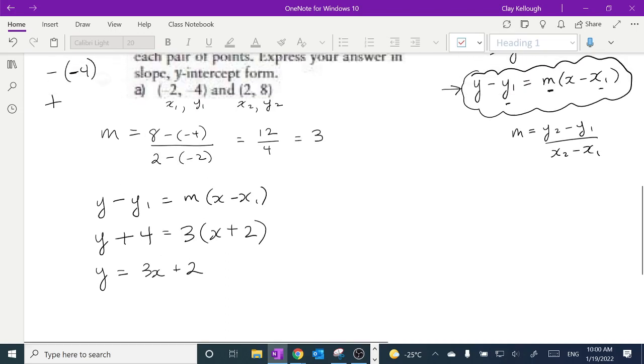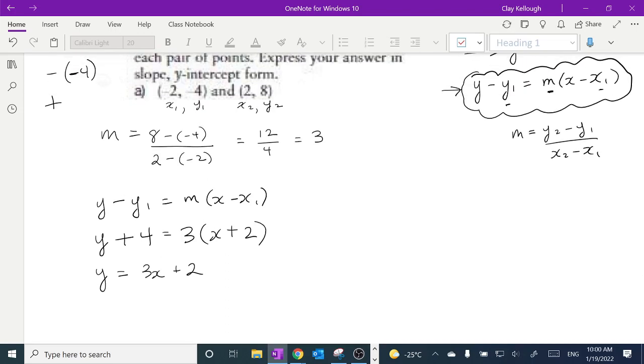By the way, can I point out that choosing to use this point here instead of that point is completely arbitrary. Once I knew the slope was 3, it wouldn't have mattered if I'd used the other point. So y minus 8 is equal to 3 times x minus 2.